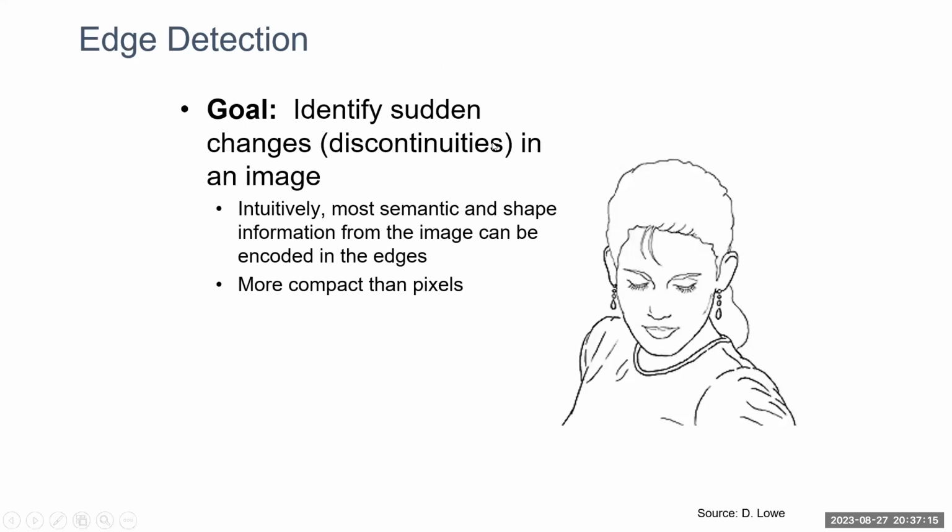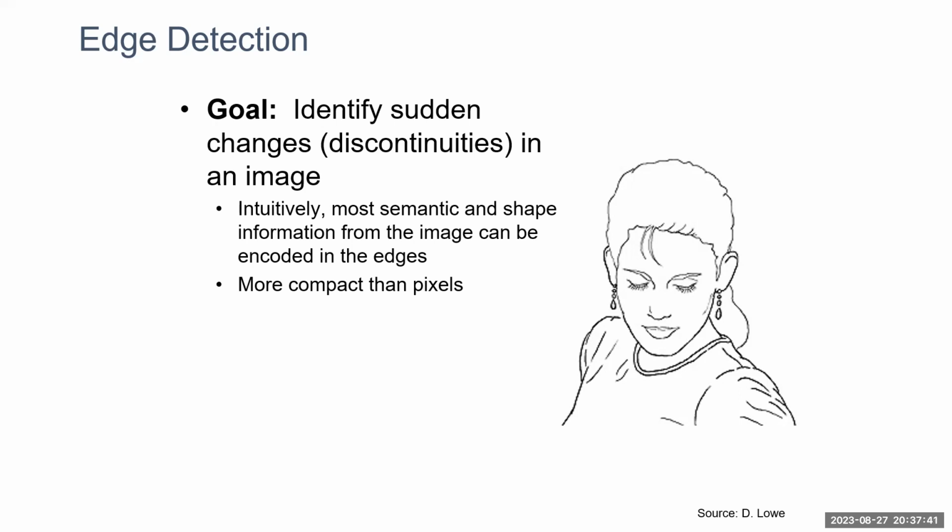If you look at this person's face, you can see discontinuities, right? From the background, you can identify this person's head here, and then the hairline, certain other edges. Most of the information about the image can be obtained by these edges, right?